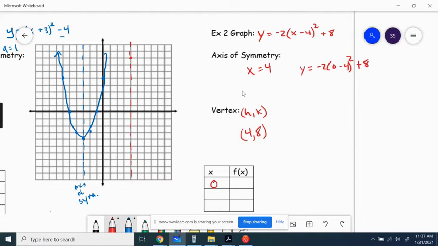Well, 0 minus 4 is -4. Square that, we get positive 16. Positive 16 times -2 is -32. -32 plus 8 is -24.